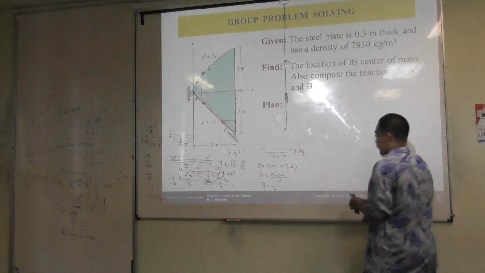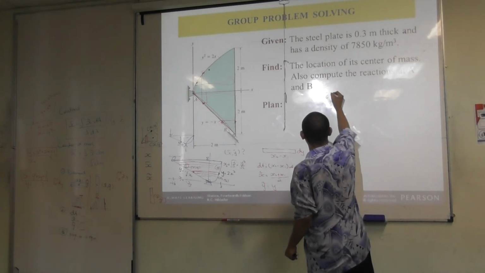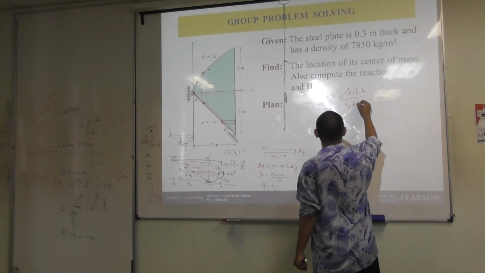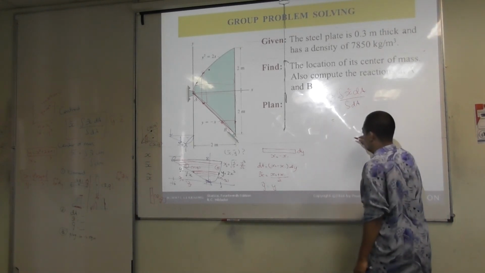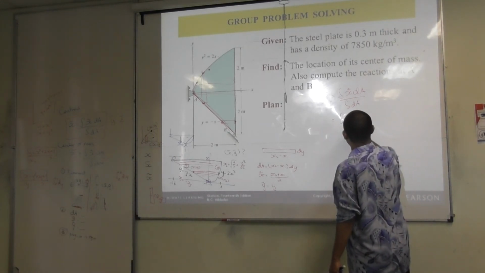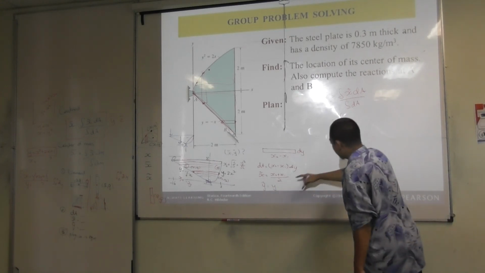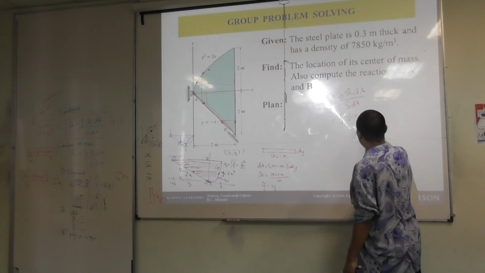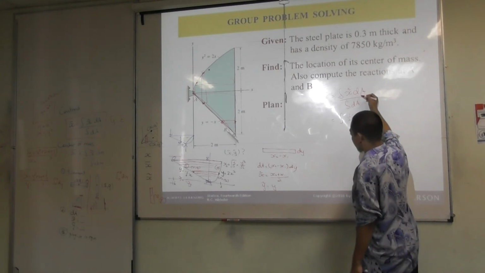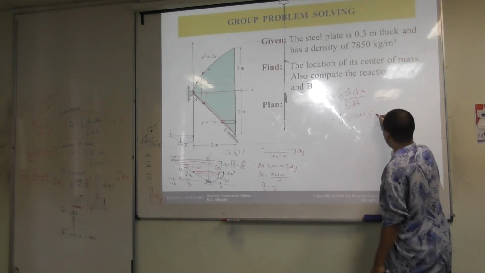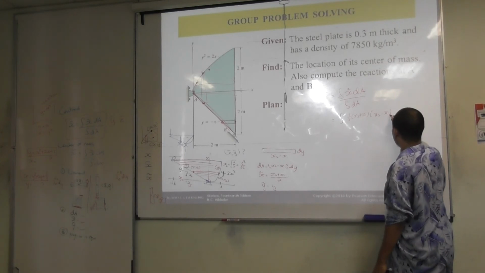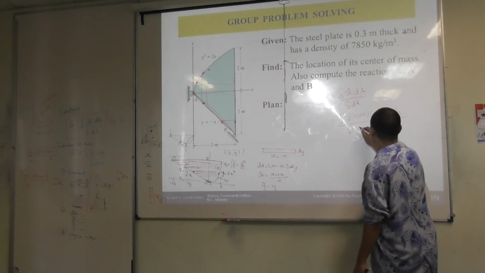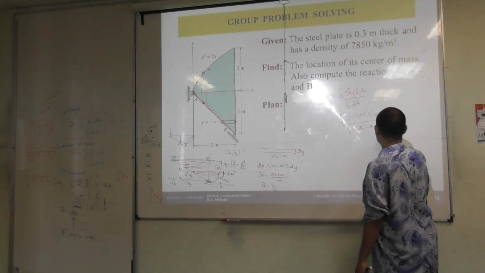So if you want to do x, integration of x dA over integration of dA. So x is, if I take half outside, x2 plus x1, but dA is x2 minus x1 dy, over the integral of x2 minus x1 dy.